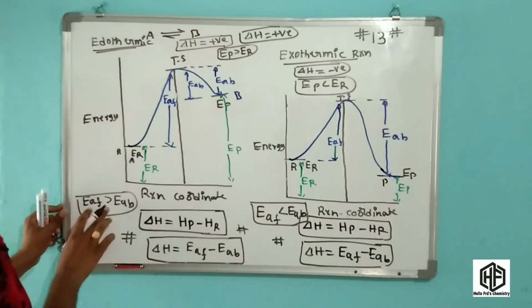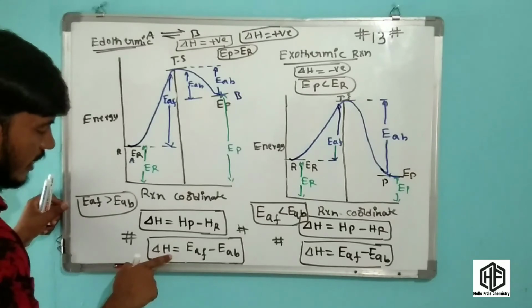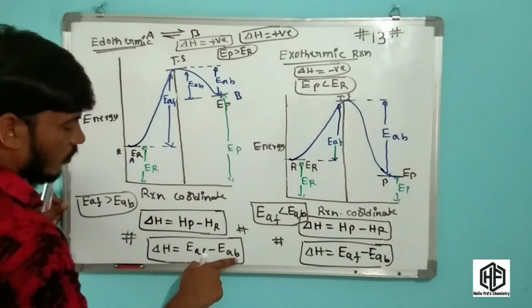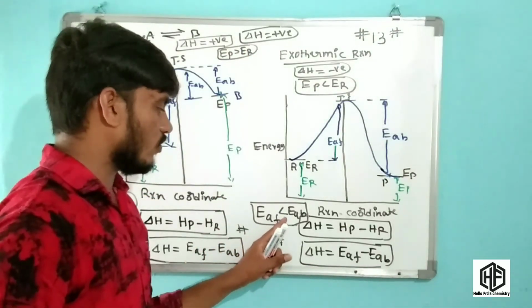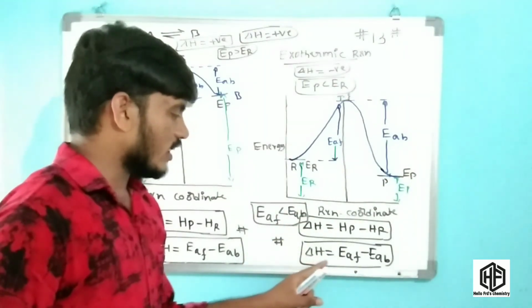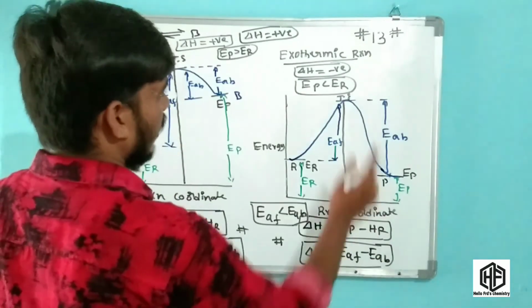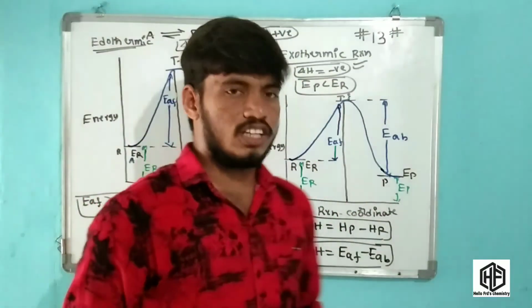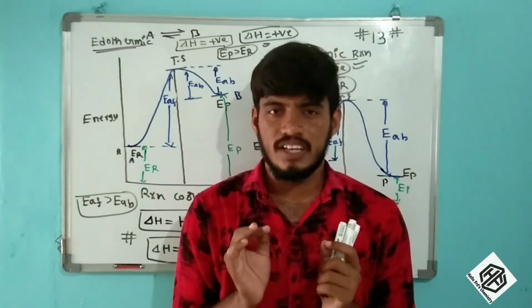Delta H is equal to activation energy of forward minus activation energy of backward, so the value is positive there. But in the exothermic case, the forward activation energy is less than the backward, so the value is negative. This is the graph representation of the activation energy of endothermic and exothermic reactions.